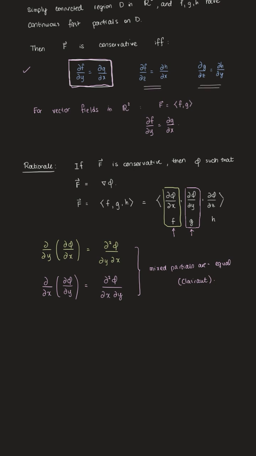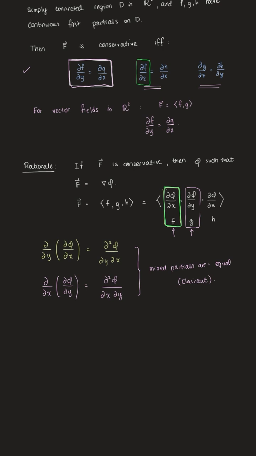If we look at the other two equalities, let's check. If we, for example, consider, let me do this one in green, what the partial of f with respect to z looks like. Well, if we're thinking of F as a conservative vector field, we know the component is a derivative, the partial of phi with respect to z. Oh no, I did the wrong one. Sorry, I did the wrong one. I mean, we're looking at this component now with respect to z.